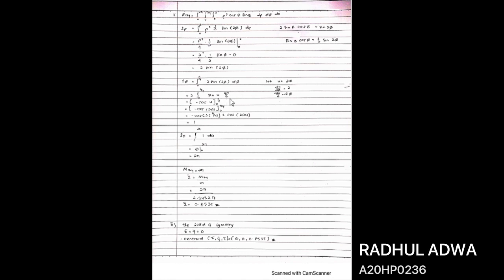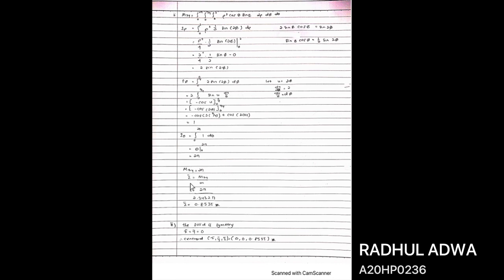And we solve the equation and we get the answer 1. Next, integrate with respect to theta using 0 to 2 pi of 1 d theta, and we get the answer 2 pi. So our Mxy will be equal to 2 pi.